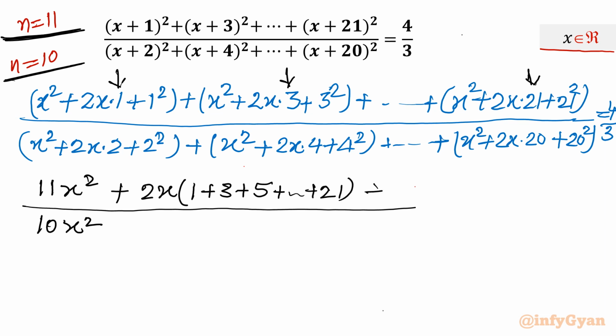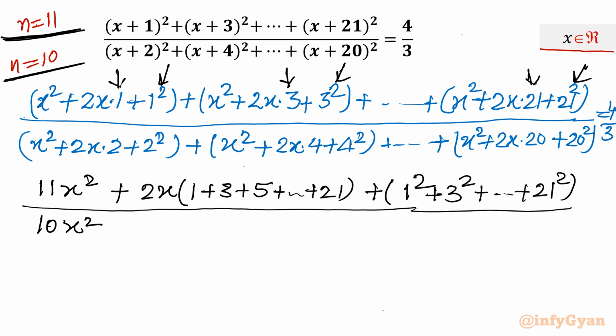Now the last bracket, where I will collect all the square additions: 1² + 3² up to 21², so all odd numbers' squares. In the denominator, I write in the bracket: 2 is there, 4 is there, up to 20, so 2 + 4 + 6 up to 20.